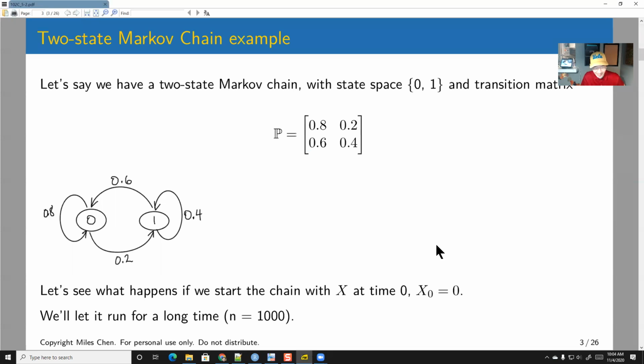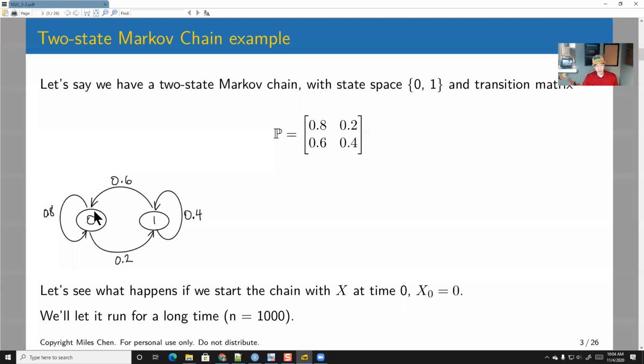Okay. All right. So on Monday, we talked about some Markov chains, and here's a simple Markov chain. This is a two-state Markov chain, and the two states are 0 and 1. So that's the state space. The Markov chain can either be a 0 or it can be a 1, and it's got this transition matrix.